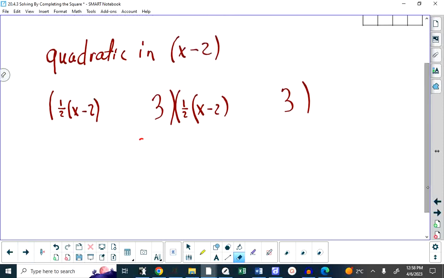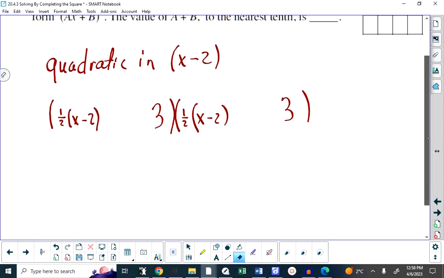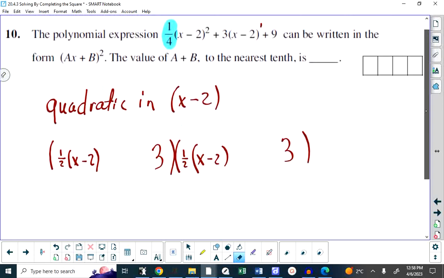Do you agree, Charlie, that if I were to FOIL this out, the first would give me 1/4 times x minus 2 squared? Good. Do you agree that my last would give me the 9? Okay. What about my outer and inner? Well, my inner will be 3/2 times x minus 2.